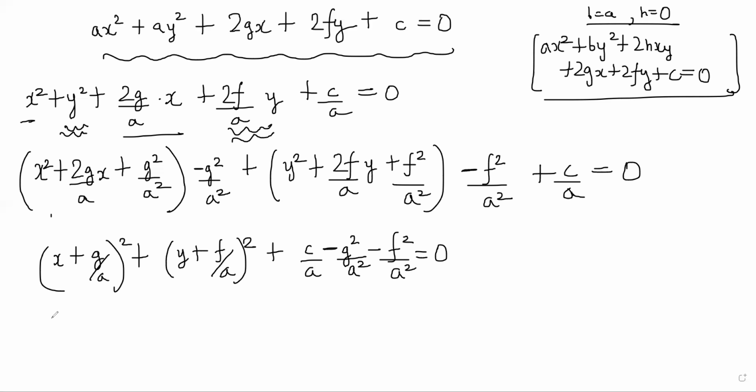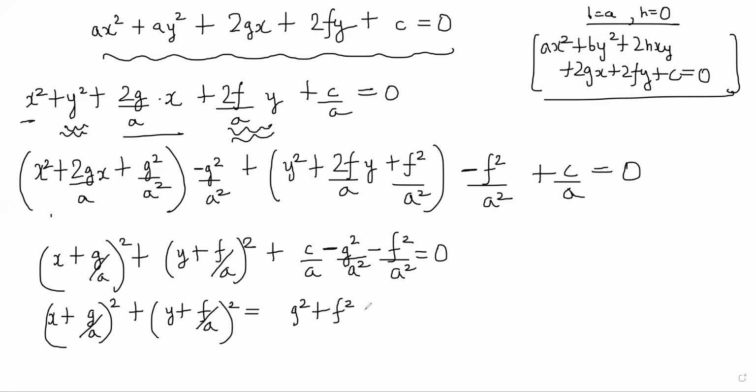Now let's say (x plus g by a) whole square plus (y plus f by a) whole square is equal to (g square plus f square minus ac) by a square, right? I've just brought it on the other side.